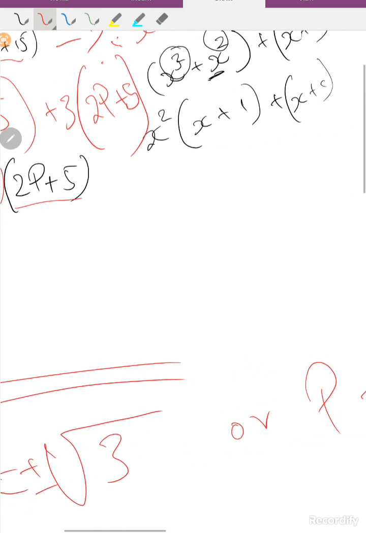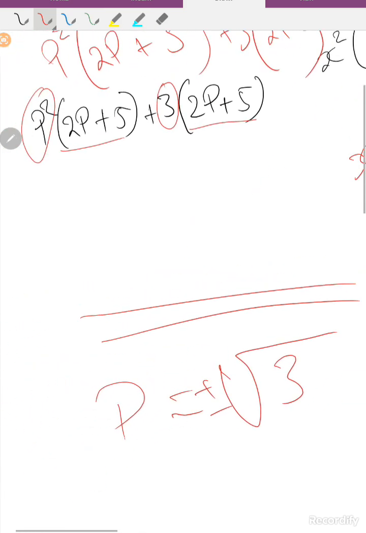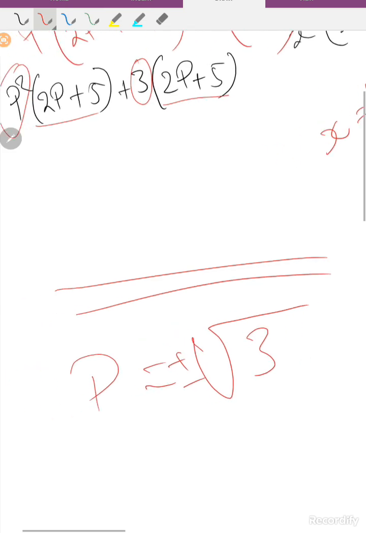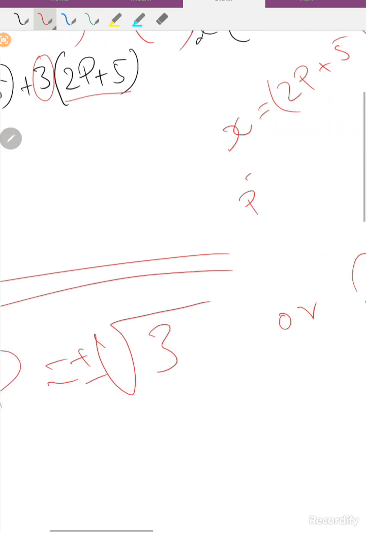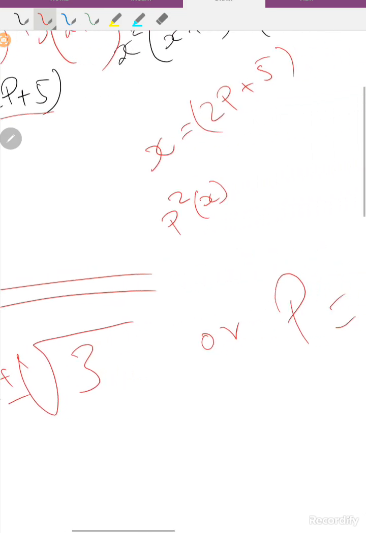Because if you're going to do it with x here, meaning that you're going to say x squared is equal to x, open brackets multiplied by x, therefore plus 3x. Let me just say that. Therefore, what's the common factor?